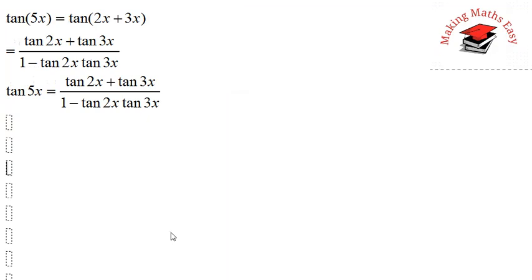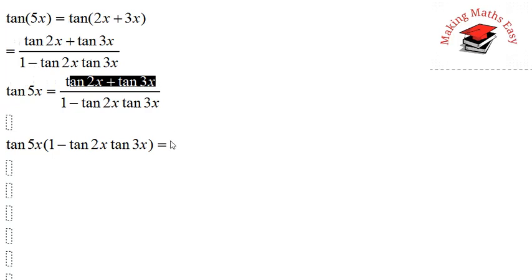Then tan 5x is multiplied by this function in the denominator, which equals tan 2x plus tan 3x in the real sense.